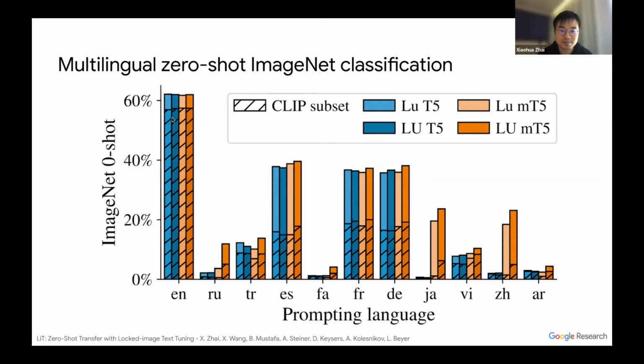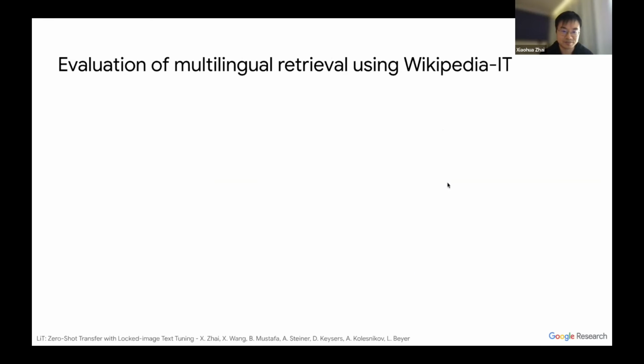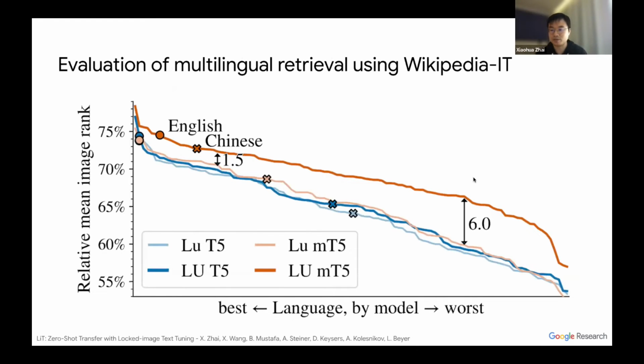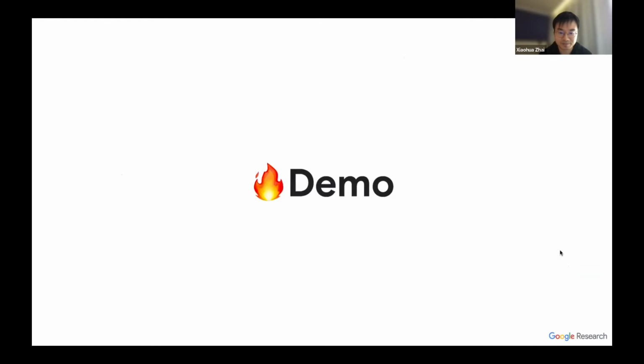But if we expand this subset to the full WIT version of CLIP, we see a very small jump on English. But on other languages, like French and German, there's a huge jump across the board. And we test this on the Wikipedia image and text retrieval datasets as well. There's a very significant boost by using LiT on the multilingual dataset.